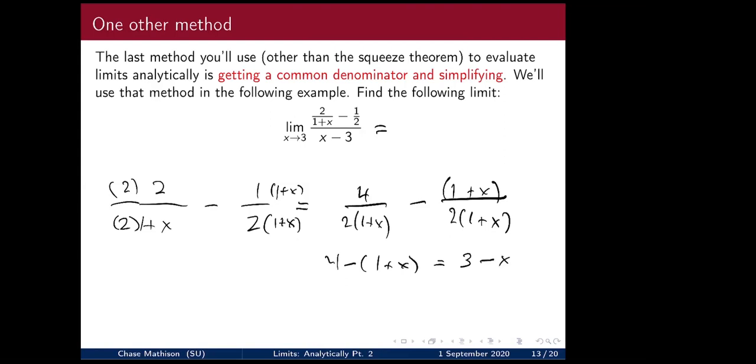So this is the limit as x approaches 3 of 3 minus x over 2 times 1 plus x, and then all of that, because that was just simplifying the top, is over x minus 3. Did I lose anybody there?